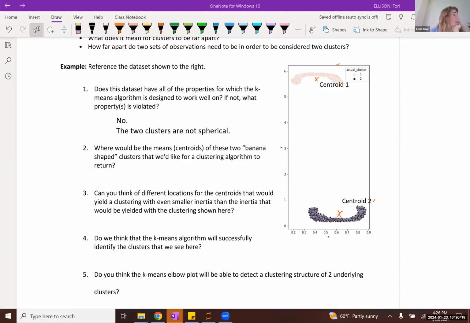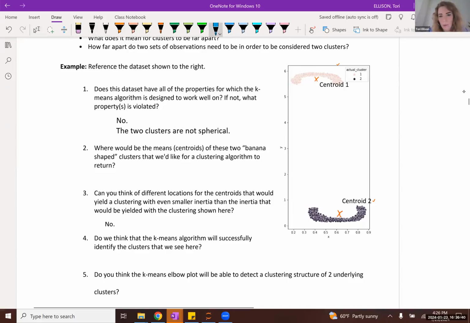All right, so a slight majority for no. Generally speaking, this in fact is going to be the best possible location of these two centroids, such that the overall inertia is in fact minimized. And we want to think about, where else might we put these two centroids?